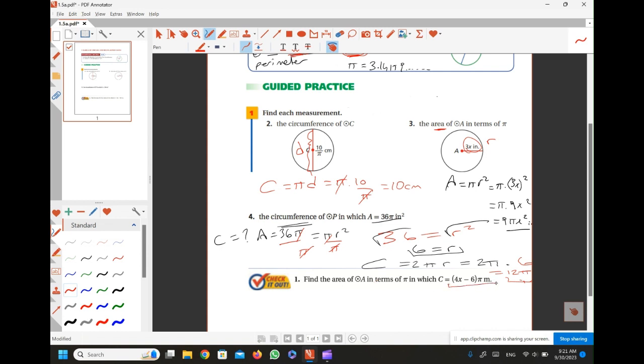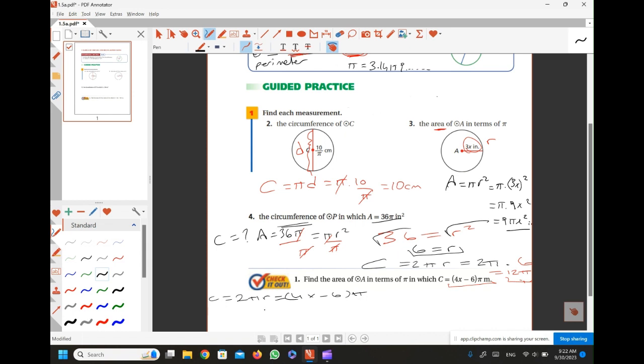The given is circumference. So equate circumference to the circumference formula. The circumference formula is 2 pi r, which is equal to, it is given by 4x minus 6 pi in the question.